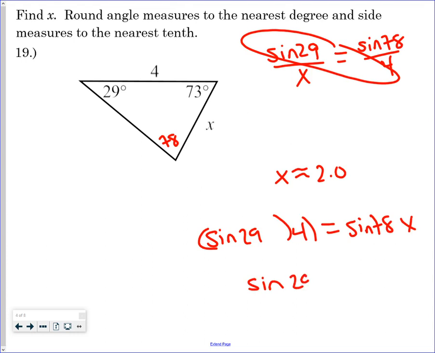So sine of 29 times 4 over sine of 78 equals x. That's what we just did. We just didn't write it down. So if you want to write it down so you have that for later because you might forget how we punched it in, that wouldn't be a terrible idea. If you don't want to, that's up to you. But don't ask me later, how did I get that? I'll be like, oh, you didn't write it down.